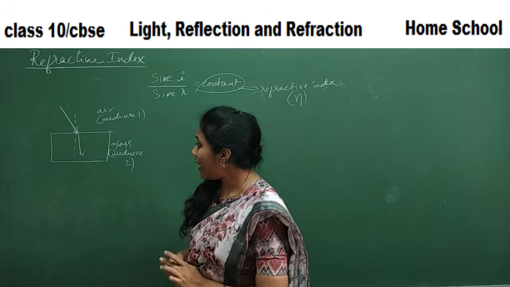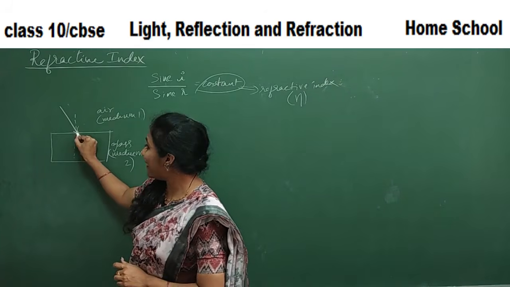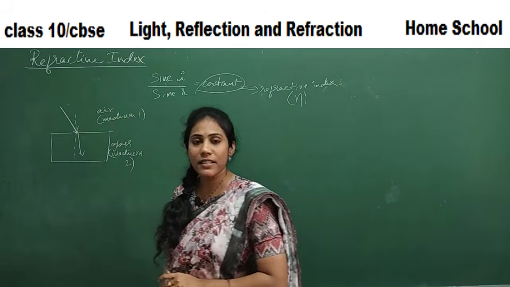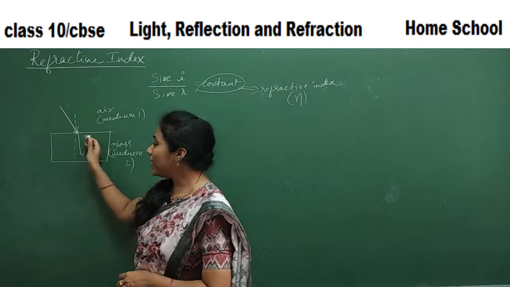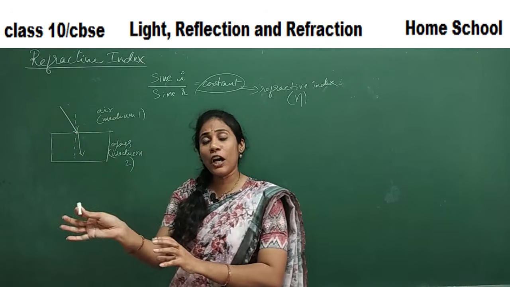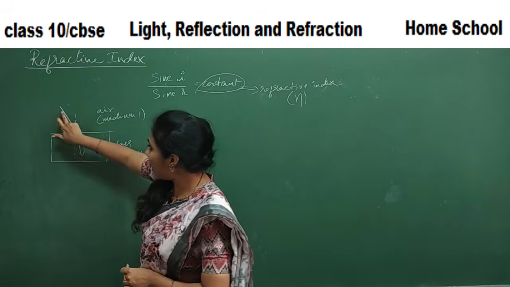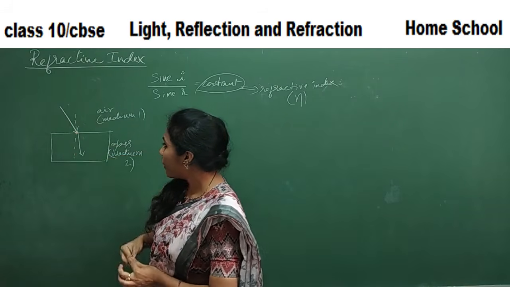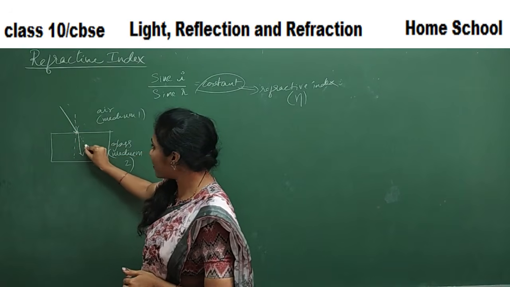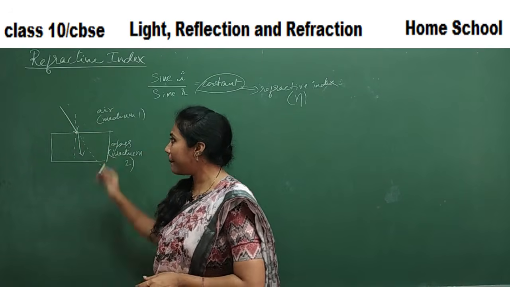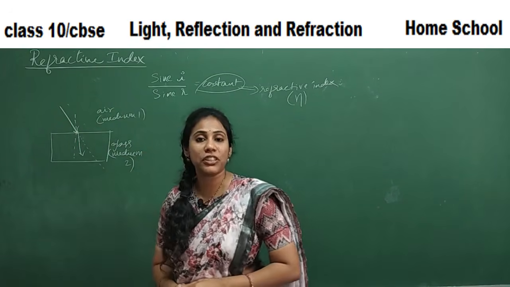And actually, how much is the bending of light taking place? How do you know that? How much is the extent of change in the direction of light? See, the moment light strikes at this point, its original path is this way. It has to move like this in a straight line, but its direction is changed, isn't it?